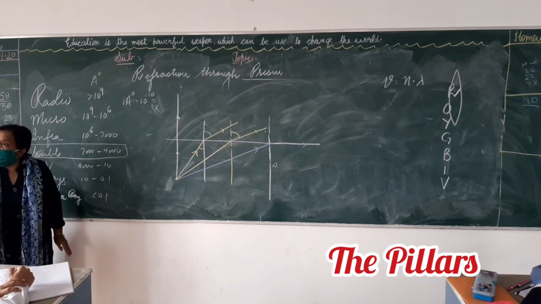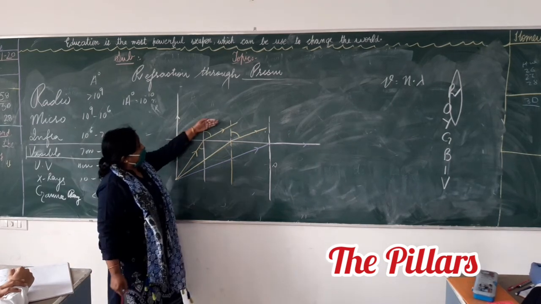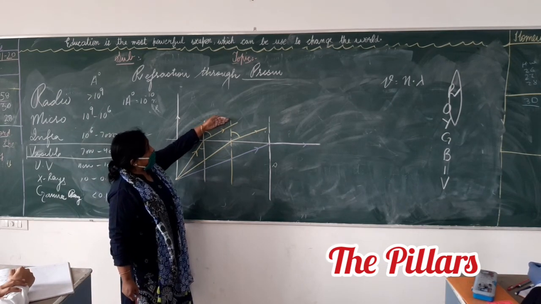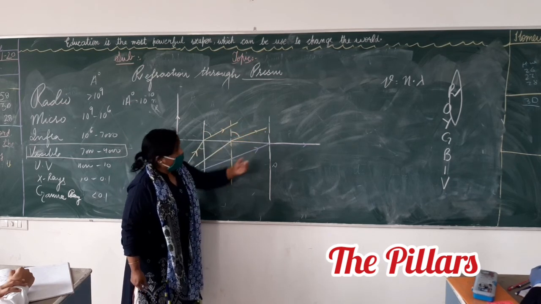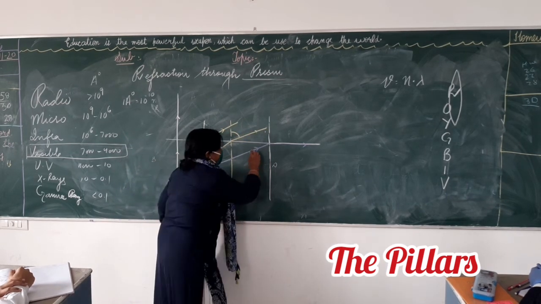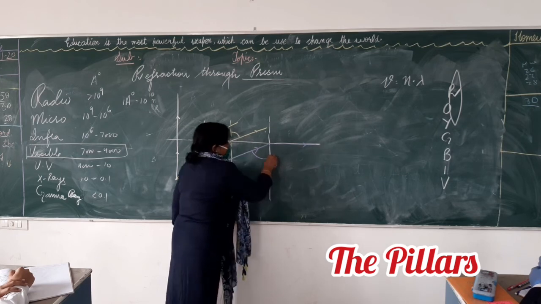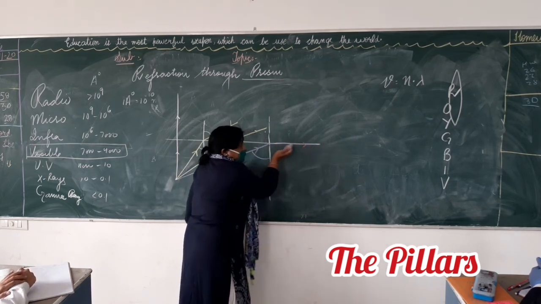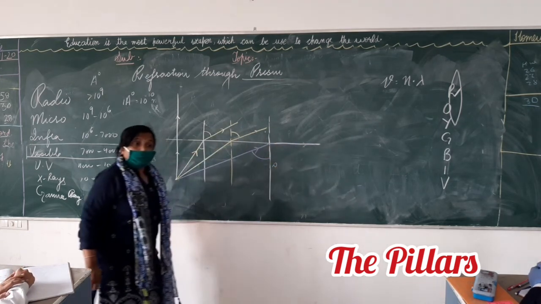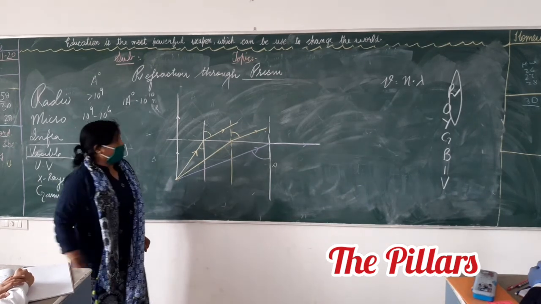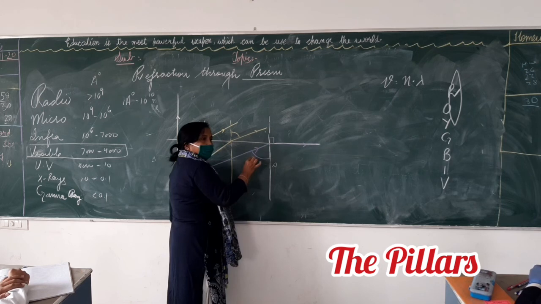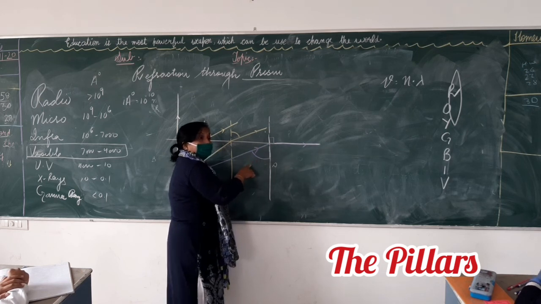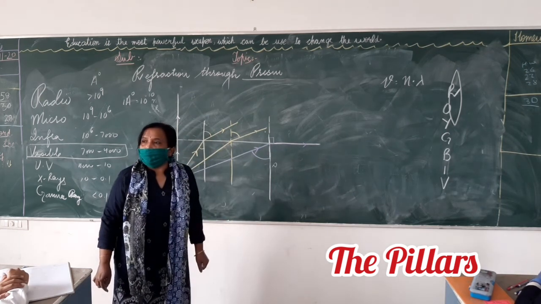You understand? See, this angle of refraction was increasing and the refracted ray was coming towards the interface. Yes or no? For a particular value of angle of incidence, this refracted ray grazes along the interface. 90 degrees. Right? This is called the critical angle.